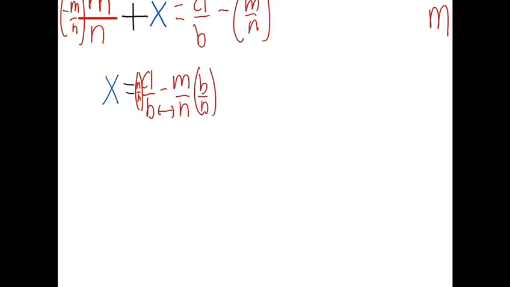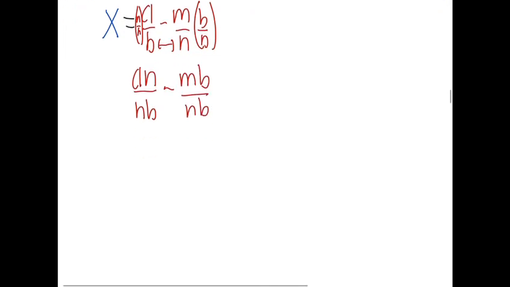I know it's getting a little cramped, but don't worry. I'm not going to keep on writing down the x equals; I'll write it down at the end as it'll get redundant. So over here you will have an over nb minus mb over nb, and we can put them under one common denominator: an minus mb all over nb.